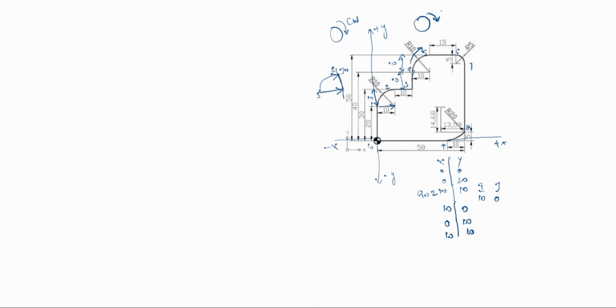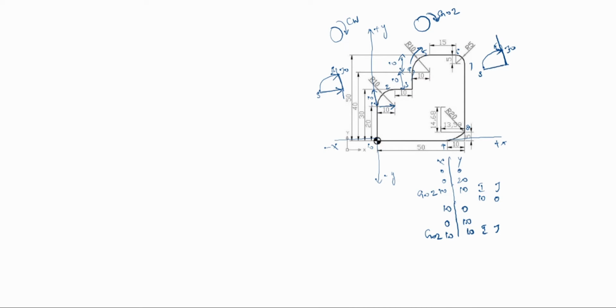So G02 clockwise. What are the I and J values in this case? The starting point is here, the end point is here. The arrow comes this way and touches the Y axis, so J value is 0.